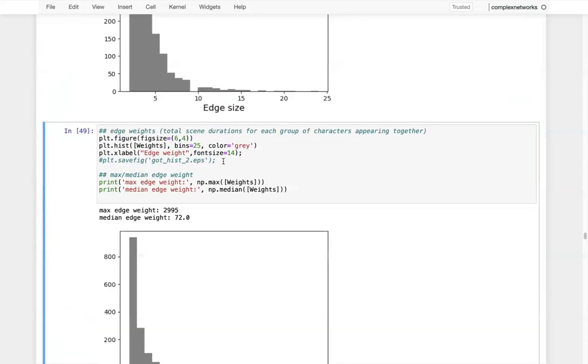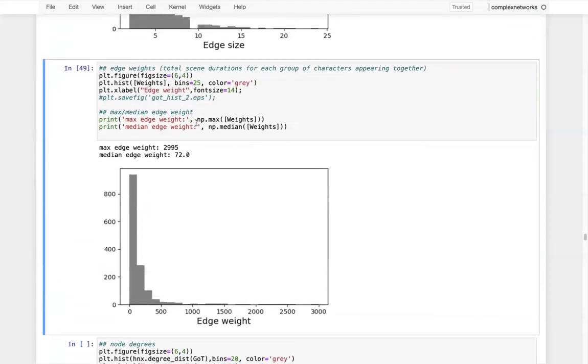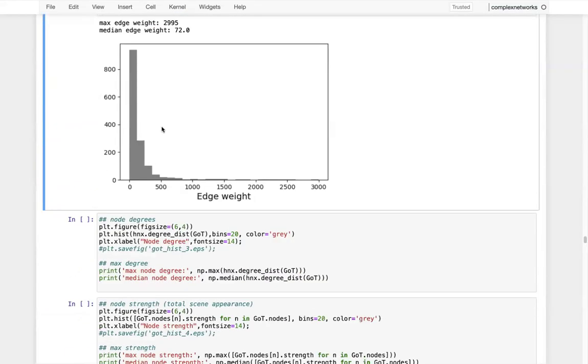Then the distribution of the edge weight, that's the duration of the scenes. Most scenes have a duration under 400 or 500 seconds, so 10, 15 minutes. But some scenes are really, really long, almost 50 minutes or something.